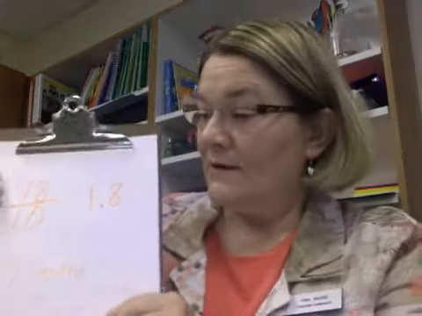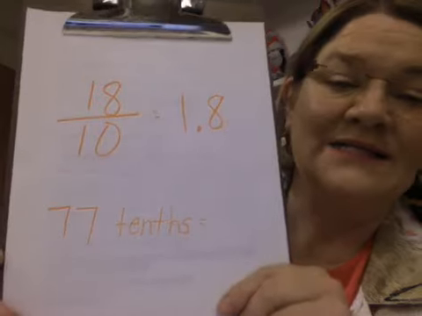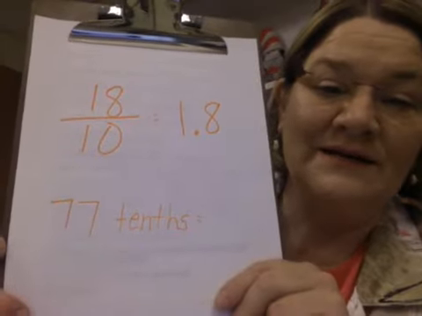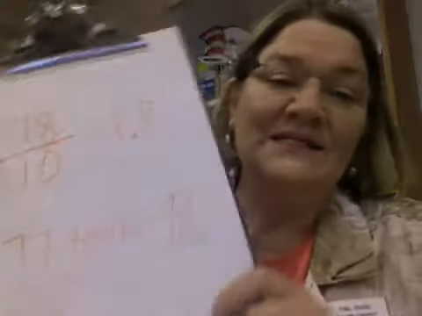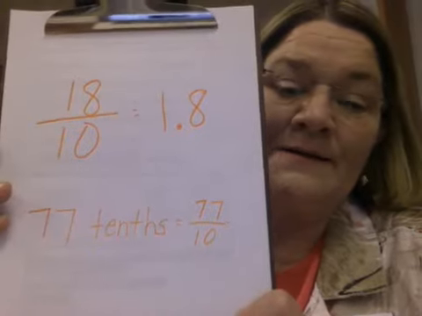All right, our next problem is we have one that says this, and we need to write that as a decimal, 77/10. So let's just go ahead and write it as a fraction first. That gives us 77/10.